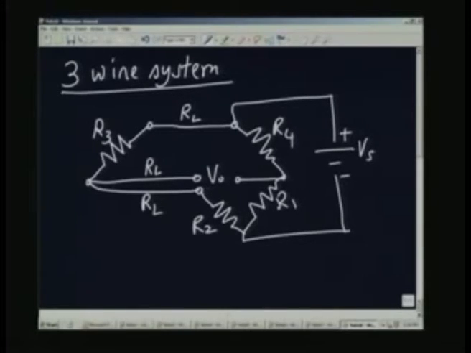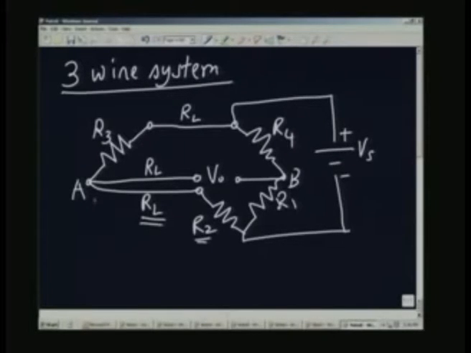So, by the arrangement like this, what has happened is, if you look at this RL is added to R2, because I am measuring the imbalance voltage between this point and this point. If you want, you can call it AB. Imbalance voltage is measured across AB.